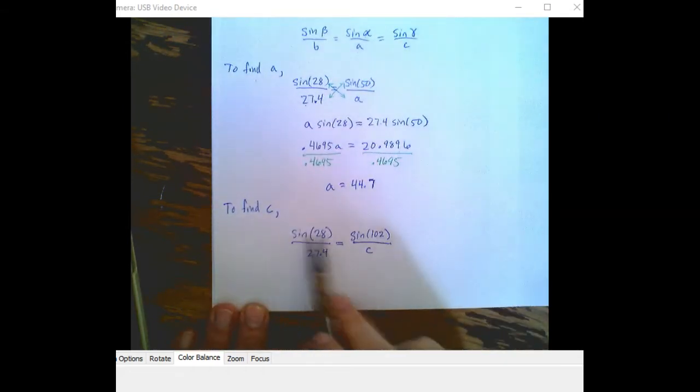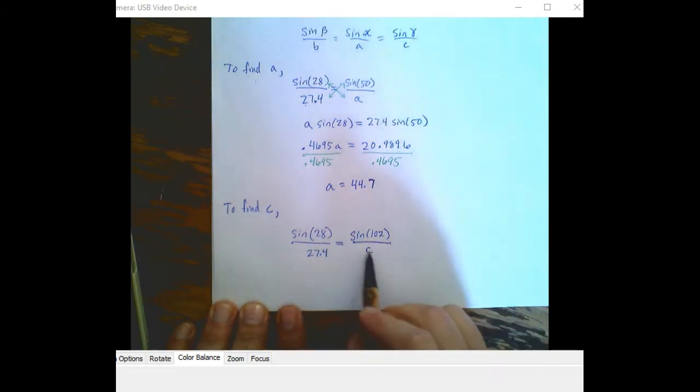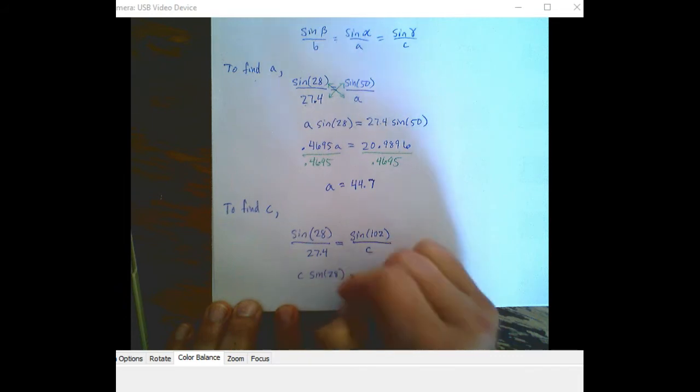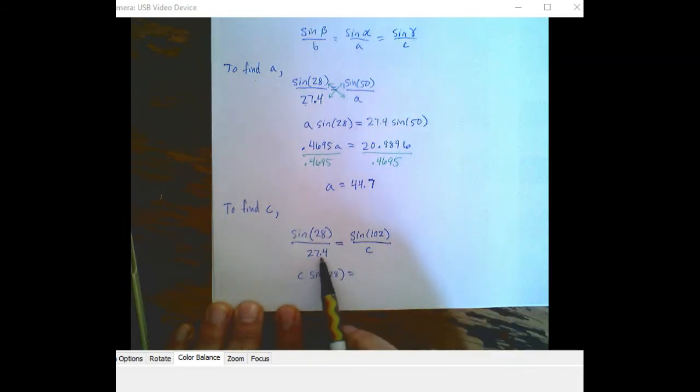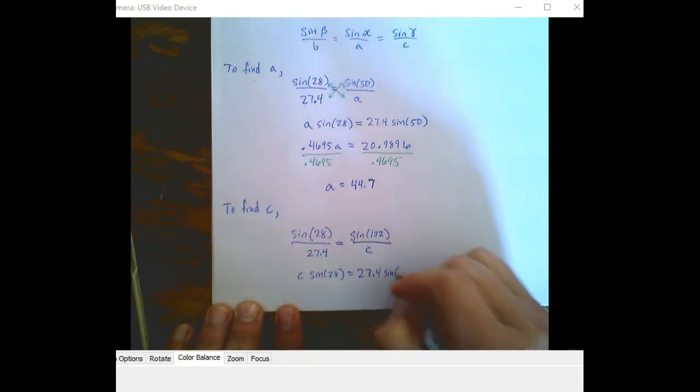So again, sine of 28 over 27.4 equals sine of 102 over c. And we do the same process. So cross multiply gives us c times this sine of 28 equals 27.4 times the sine of 102.